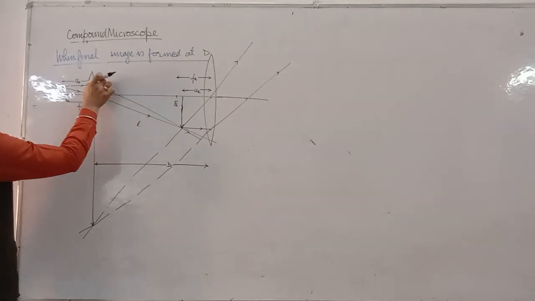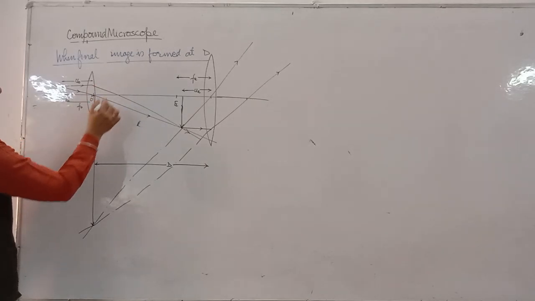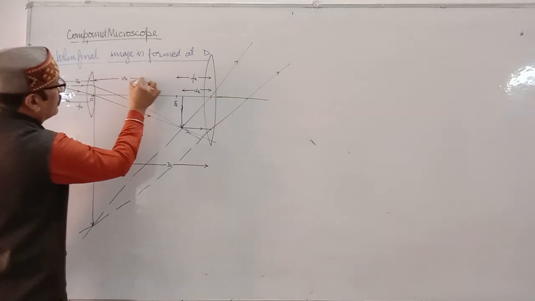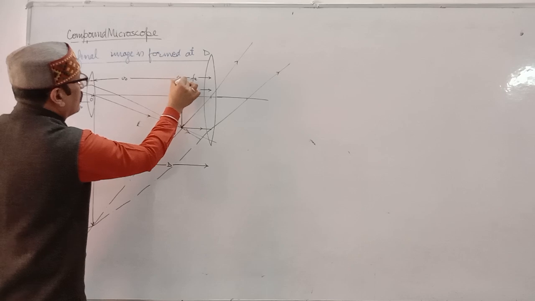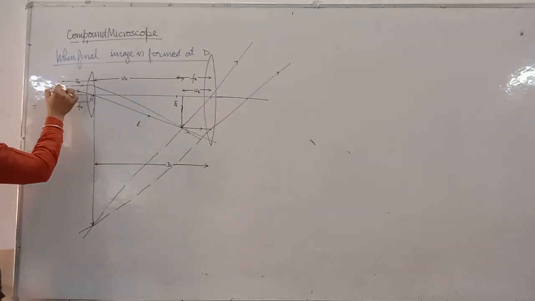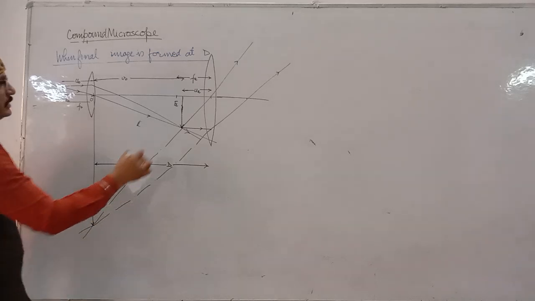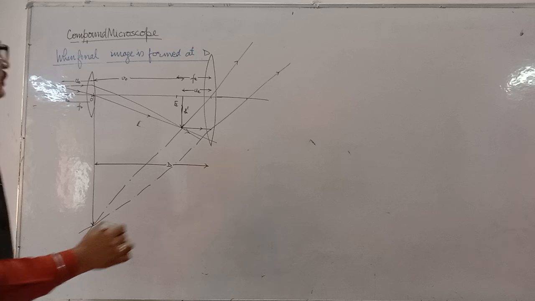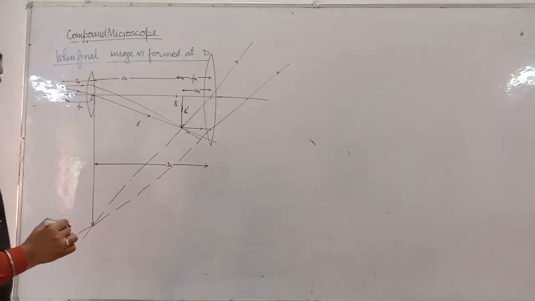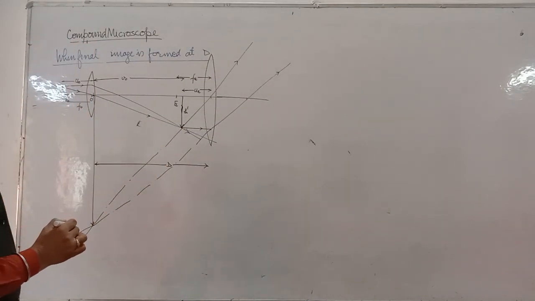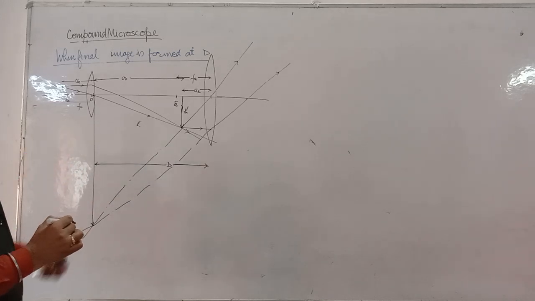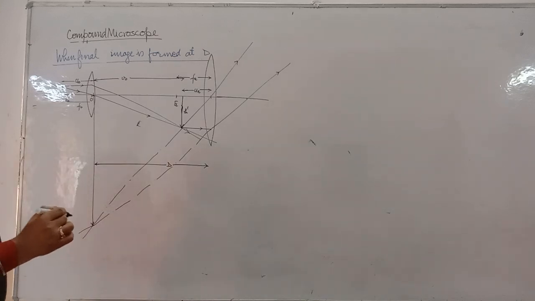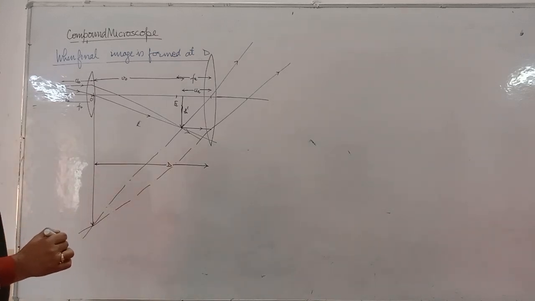The distance of the image formed by the objective lens is v(o). This is the size of the object h and this is the size of the image h'. This is the way by which we can draw the image in the case of a compound microscope, when finally the image is formed at the least distance of distinct vision.